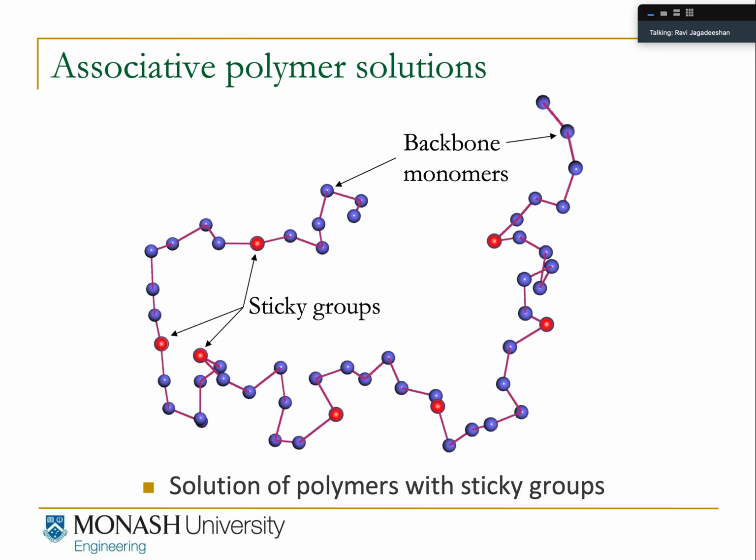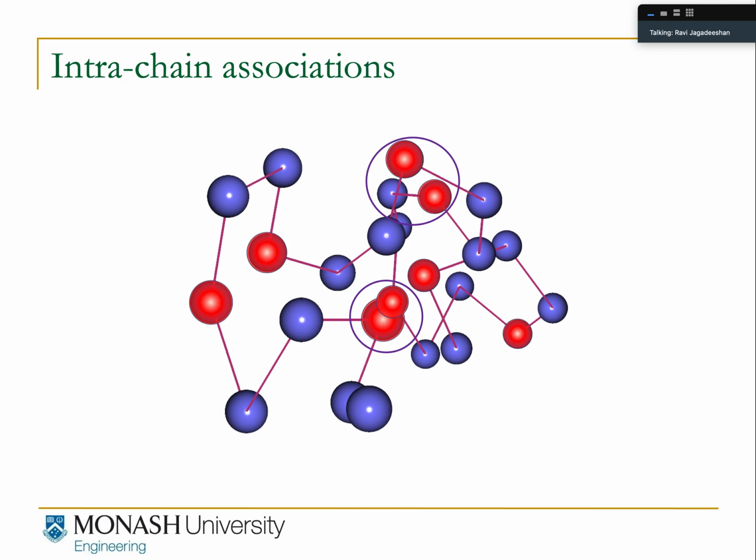So as you're all aware, associating polymers are polymers with attractive groups along their backbone, which can stick to each other. And so they can stick to each other within a chain, which are called intra-chain associations, or they could stick to each other in different chains, which are called interchain associations. And when the concentration is low, mainly most of the sticking goes on within a chain. There are intra-chain interactions.